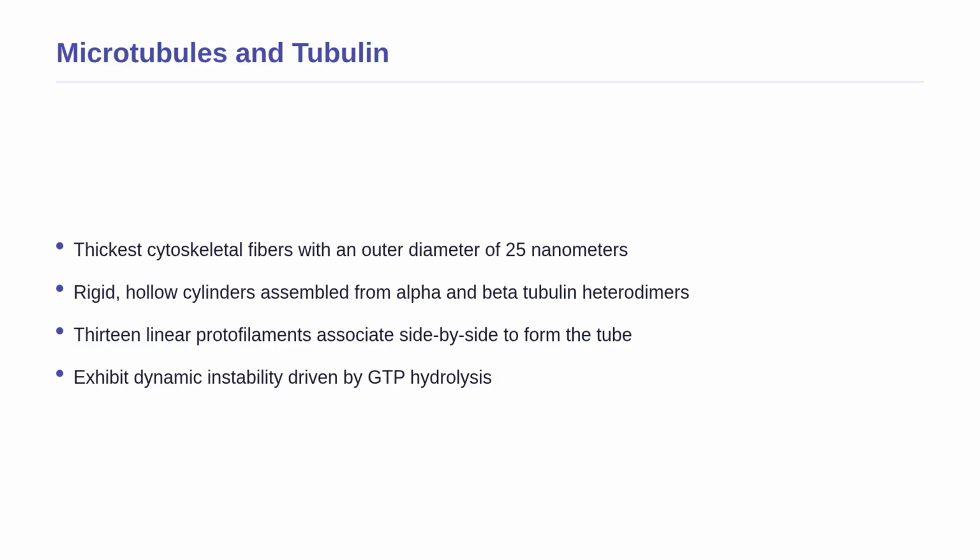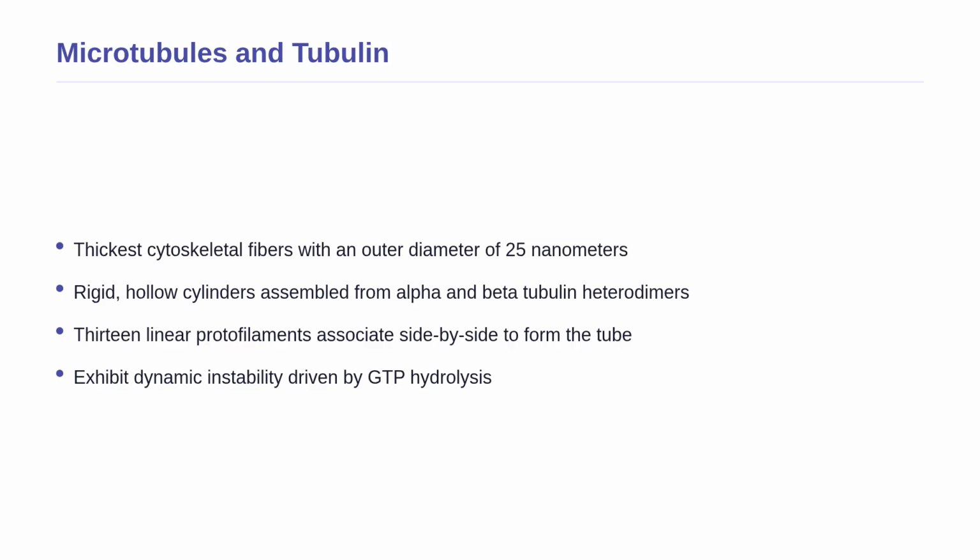Now that we have mastered the flexible microfilaments, let us move on to the thickest fibers of the cytoskeleton, microtubules. If actin filaments are the flexible ropes of the cell, microtubules are the heavy-duty steel pipes.